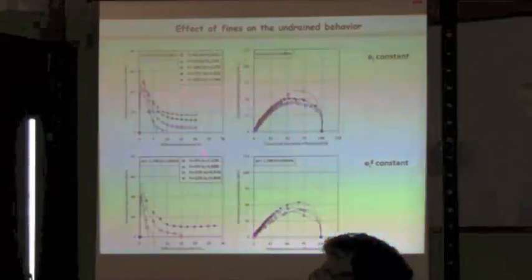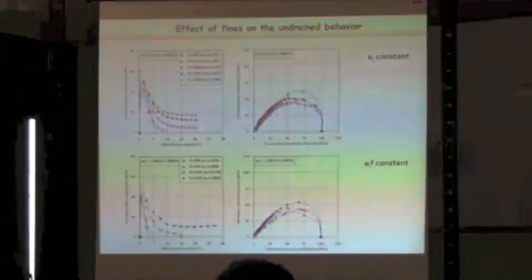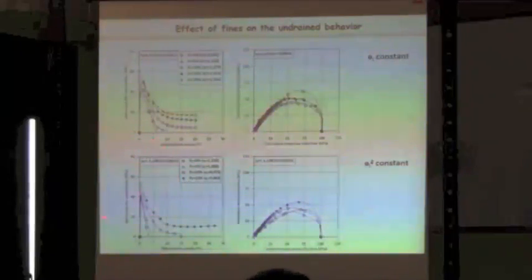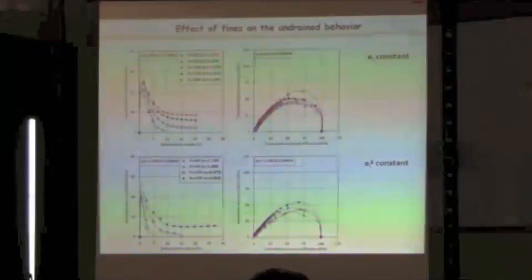The first series were prepared at constant global void ratio, and the second series at constant intergrain void ratio. And we used different fine content varying from 5 to 20%.